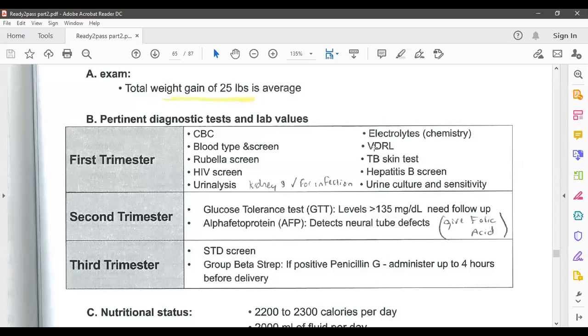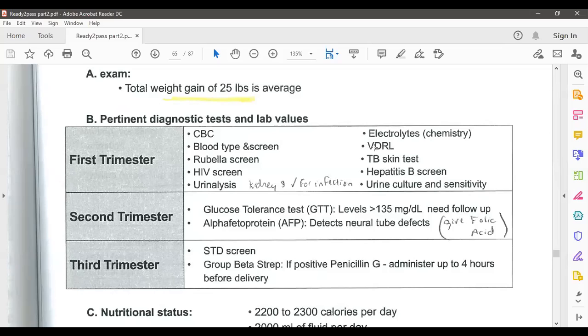VDRL stands for Venereal Disease Research Laboratory. The VDRL test is very important to find out syphilis, gonorrhea, or any other sexually transmitted disease, especially sexually transmitted infection.